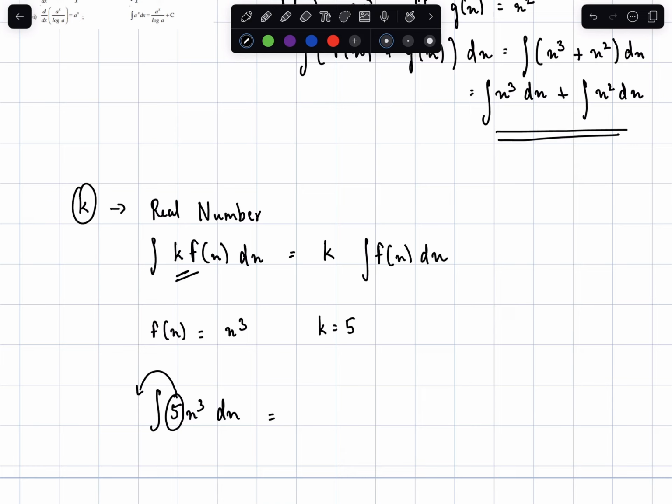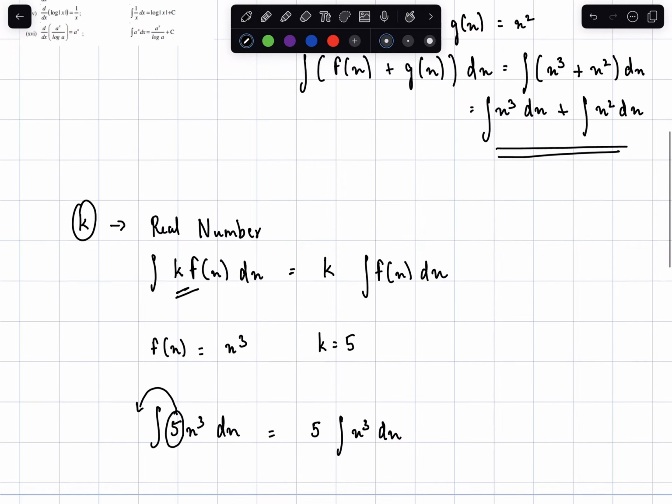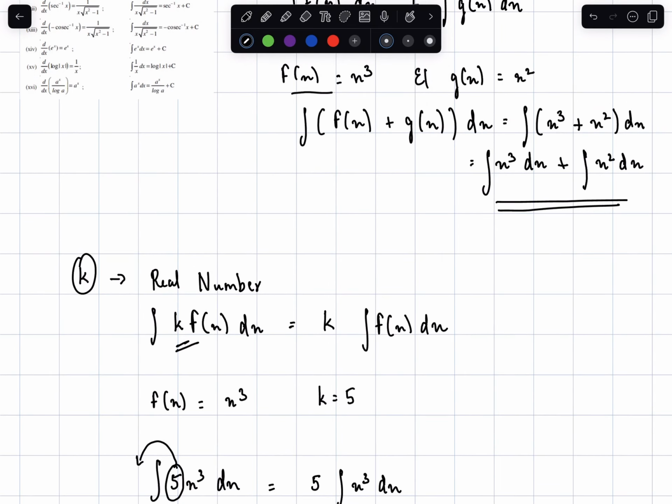So all you have to do is remove it, the integral of x cubed dx. Very, very simple. Not too complicated. So these are some of the simplest terms that I would like you to understand before we move on to anything.